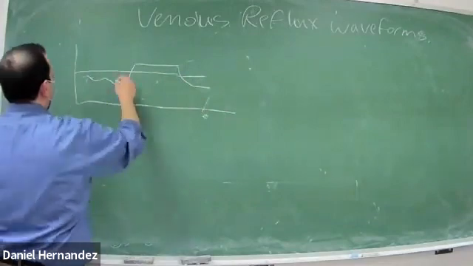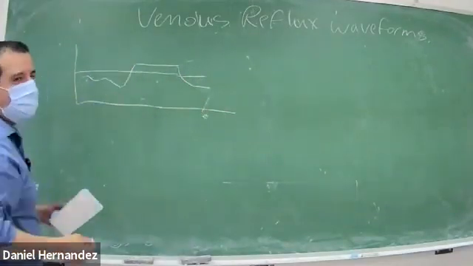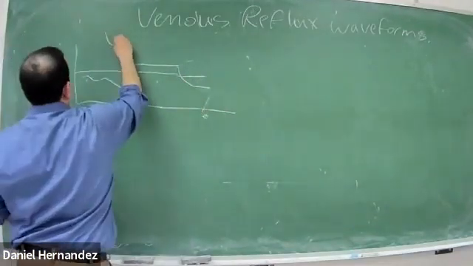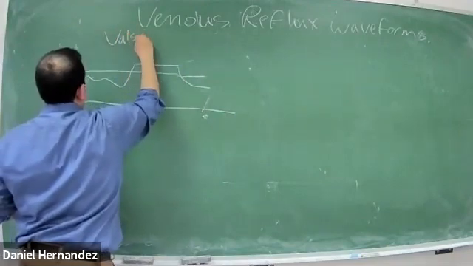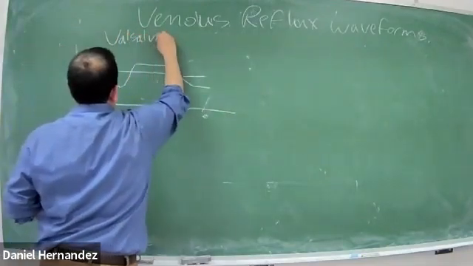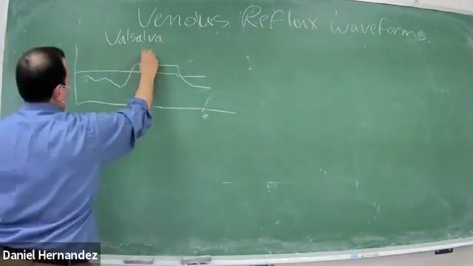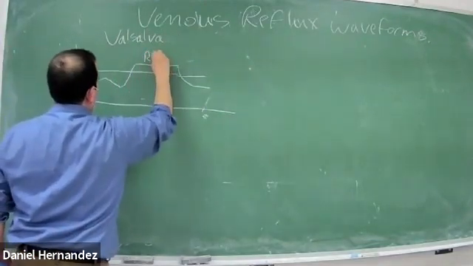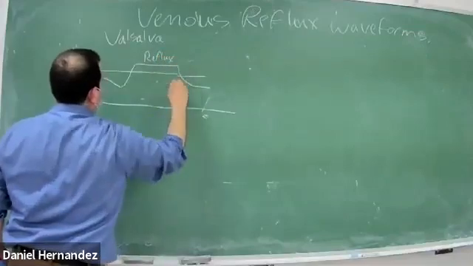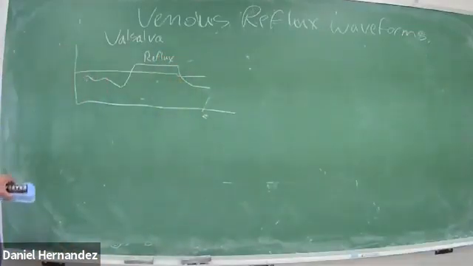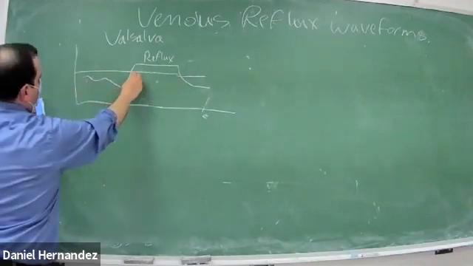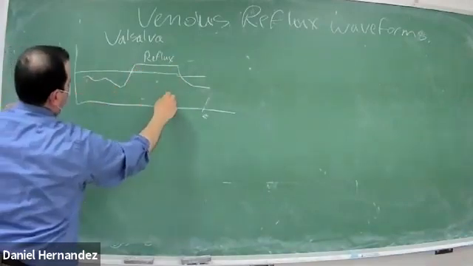All right, so one way we could test for venous reflux would be with Valsalva. So if we have the patient Valsalva, we have our normal venous waveform, we have them Valsalva.